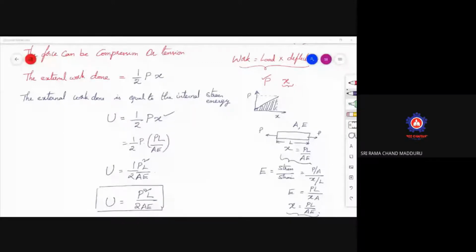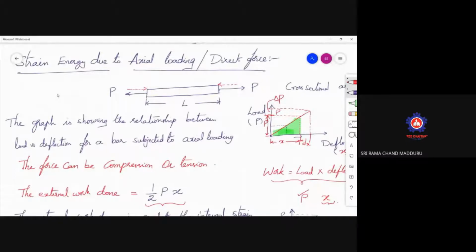Here, if we consider the graph, the hatched portion, the area under the curve, is giving the external work done. So it looks like a triangle. Just understand here, a bar of length L is subjected to an axial force, either tensile force or compressive force along the length of the member.